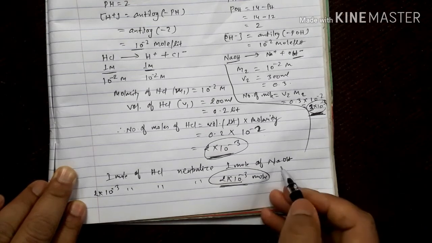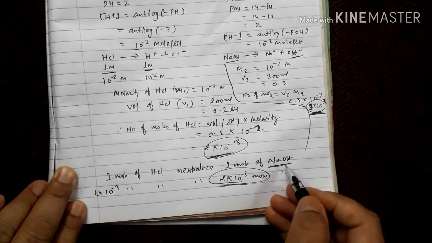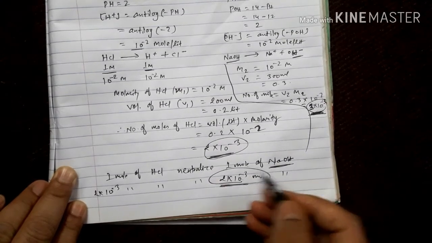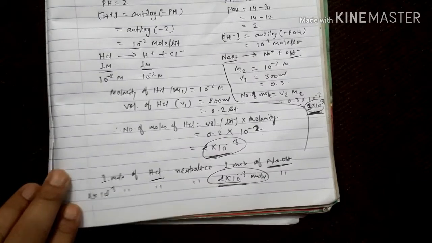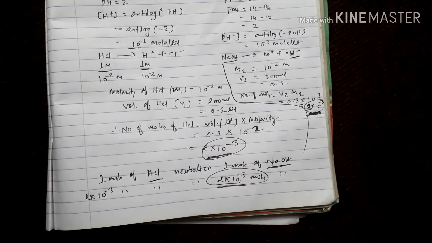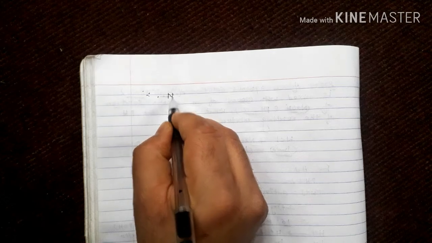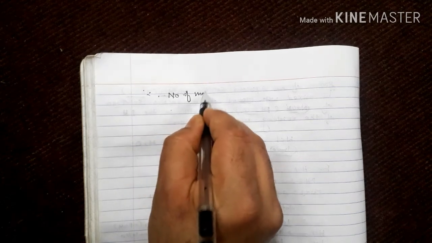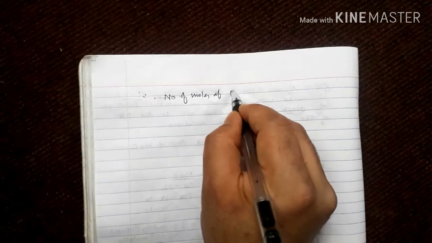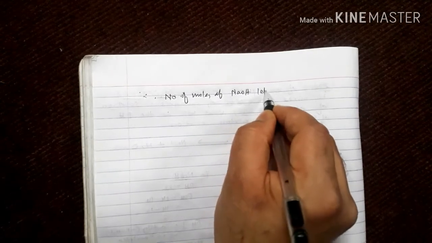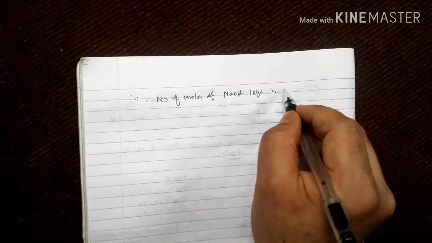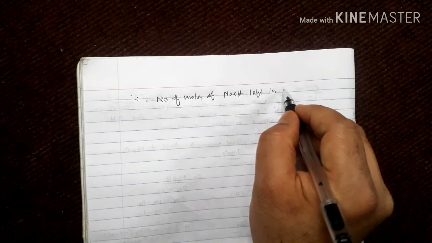The excess amount of NaOH is left after neutralization of HCl. The solution is of NaOH, that is basic. Therefore, number of moles of NaOH left: now after mixing 300 ml of NaOH and 200 ml of HCl, the total volume becomes 500 ml.